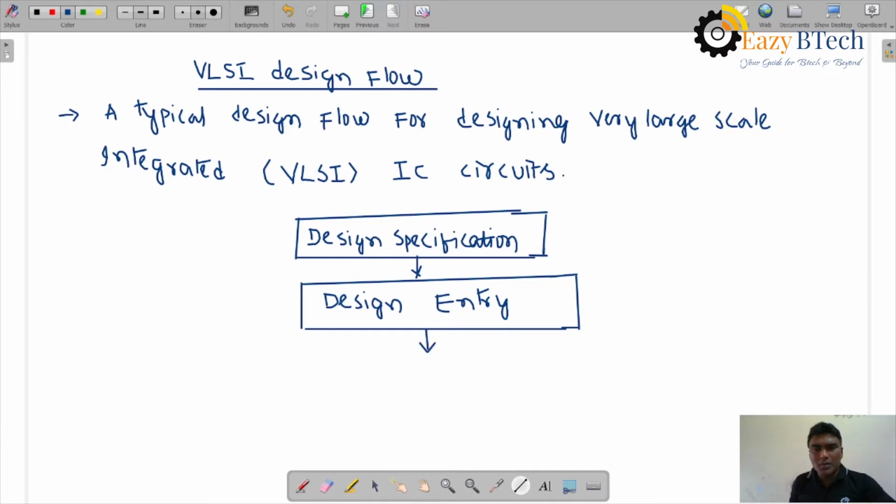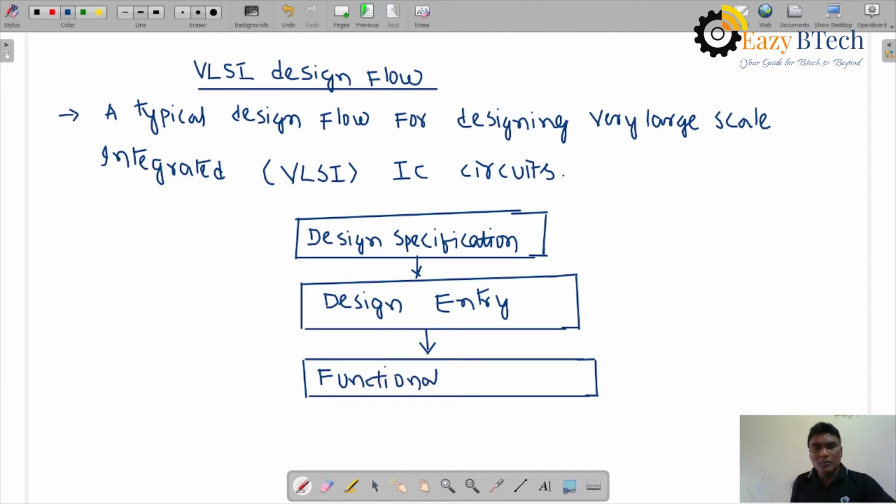And the next one is functional verification.